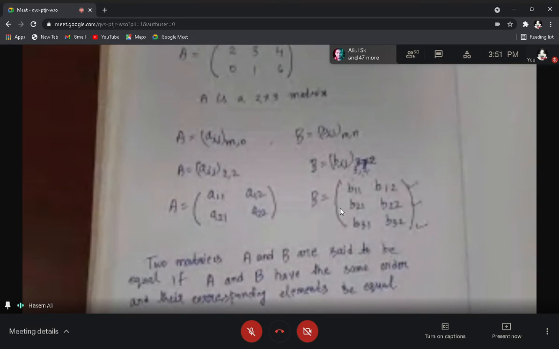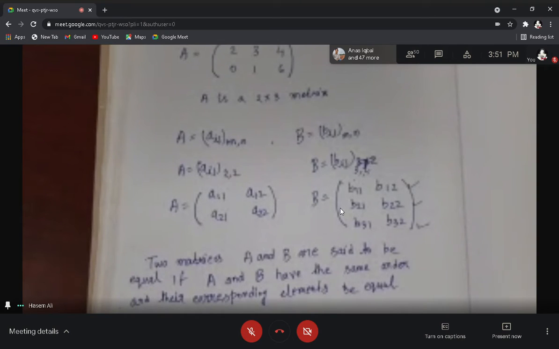If their orders are the same and if their corresponding elements are also the same, then the two matrices are equal.